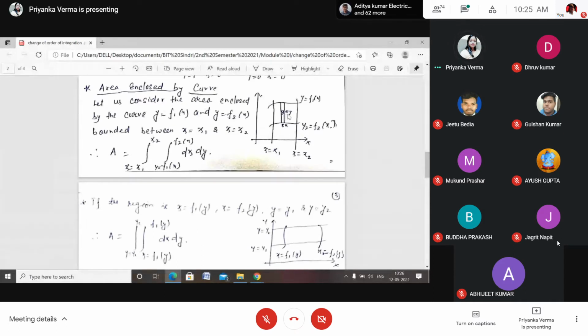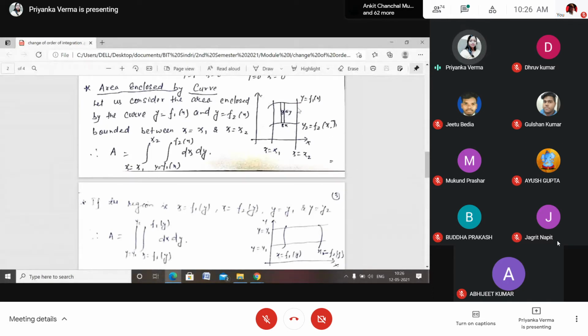Now suppose this region covers n number of this type of rectangular plane. Now if n tends to infinity, that means if there are infinite number of this type of rectangular plane, then the area of each rectangular plane will tend to 0, and that is the limit of the sum.